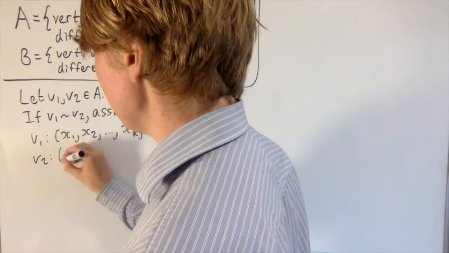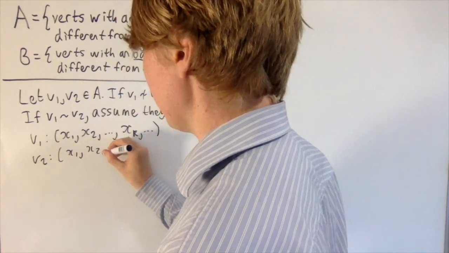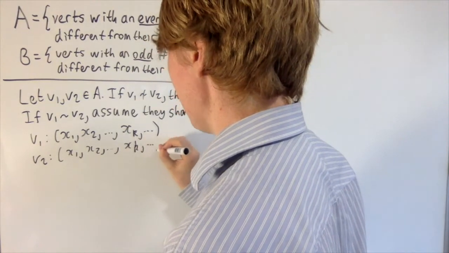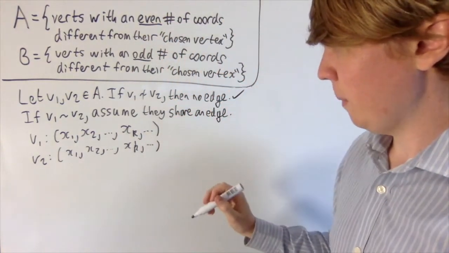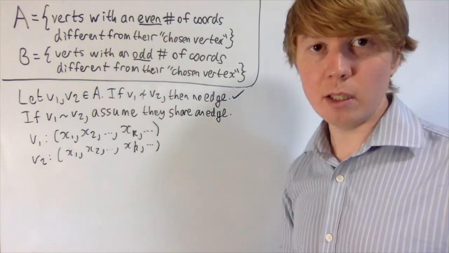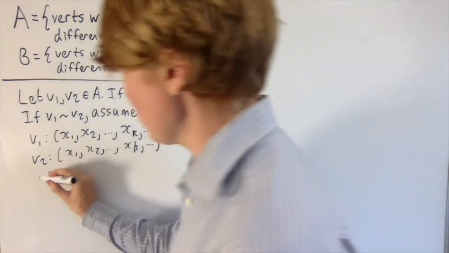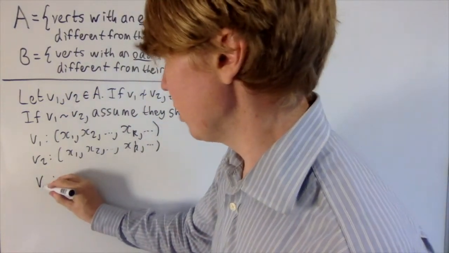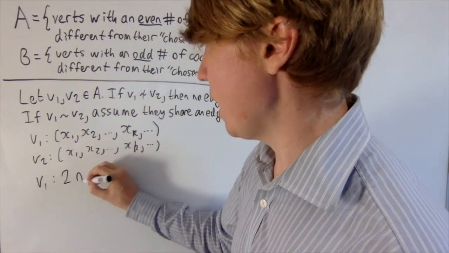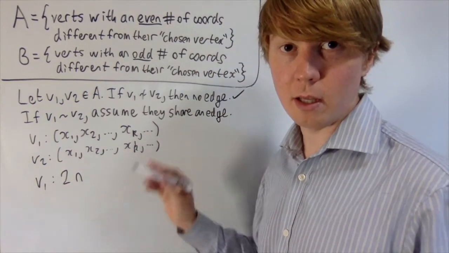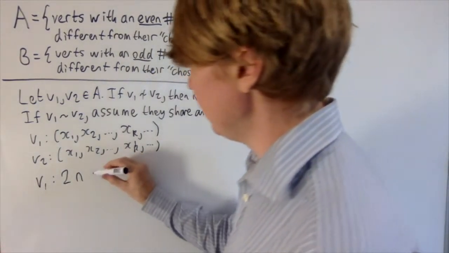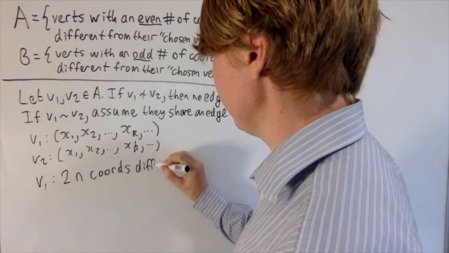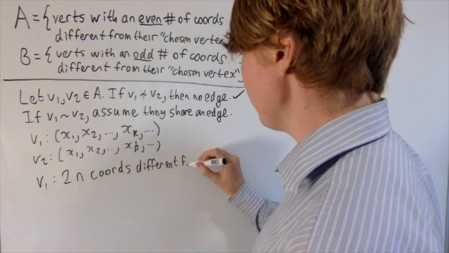So V2 has all the same coordinate entries other than xk dash, which is different from xk. Now we know that they're both in A, so there has to be an even number of coordinate entries which are different from the chosen vertex. So V1 has, we'll say, 2n coordinates different from the chosen vertex, where n could even be 0 if V1 is the chosen vertex.